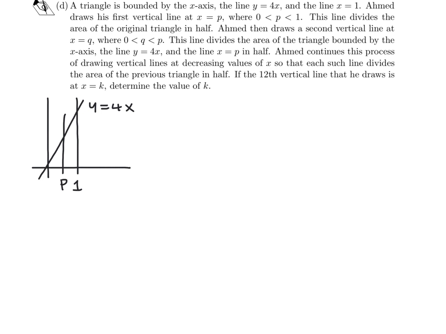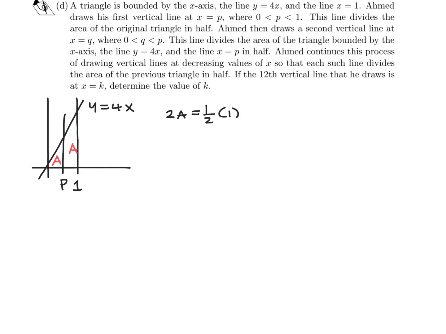Now this line divides that original triangle in half. So what that means is that if this trapezoid has an area of A, that triangle would have an area of A. That's pretty much all they're doing there. Let's do a little bit of calculation first. 2A would therefore be 1/2 base times height.